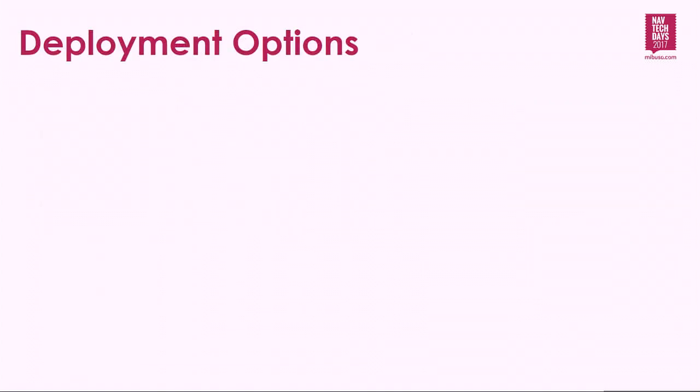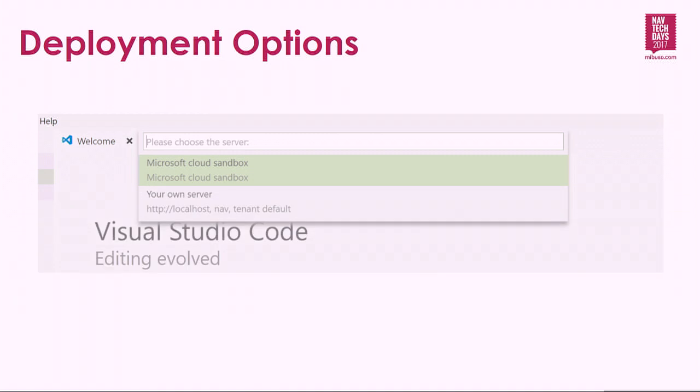So for deployment options, you saw them before, happens immediately after Jesper created the AL Go project. You are asked which service should I connect to? And you have two options. You have the Microsoft Cloud Sandbox, which is a sandbox managed by Microsoft.